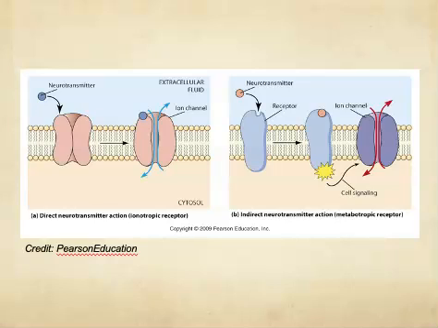On this slide, we're looking at those two types of neurotransmitter receptors. So these would be found in the membrane in the area of dendrites on a neuron. This image on the left represents an ionotropic type of receptor, a direct-acting neurotransmitter receptor.